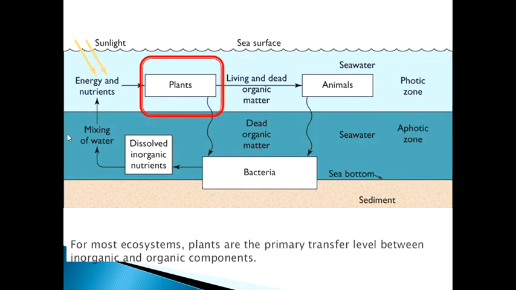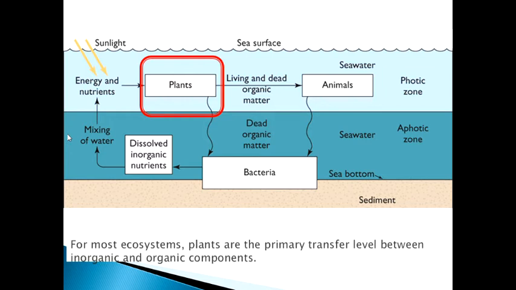I like this diagram of ecosystems because not only does it show the levels of trophic interactions, sort of plants and animals and animals and animals, it shows them in their physical environment. The blue areas, both the light and the dark blue, represent the water. The white at the top is the atmosphere, and then the brown or tan color at the bottom is the seafloor, the sediment.